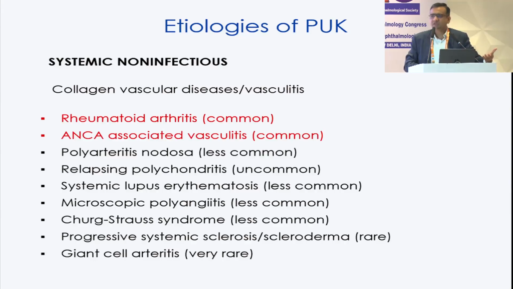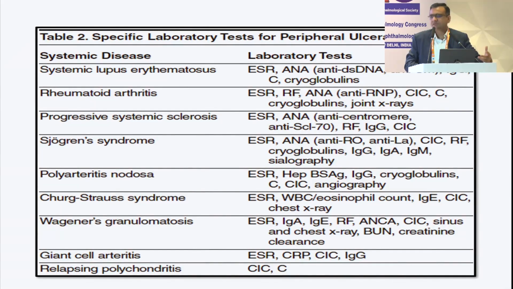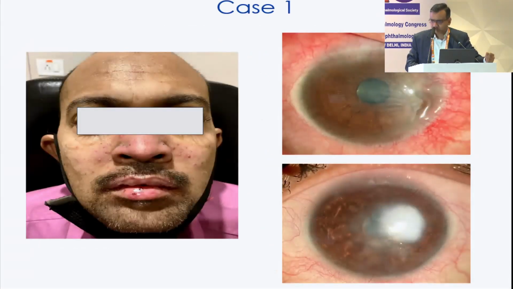The second commonest is ANCA vasculitis, but you can have a lot of others which other speakers have shown. And as already discussed, apart from the systemic issues, you can have local causes, which can be infectious or non-infectious. These are the specific laboratory tests for each condition, but we don't need to go into this.